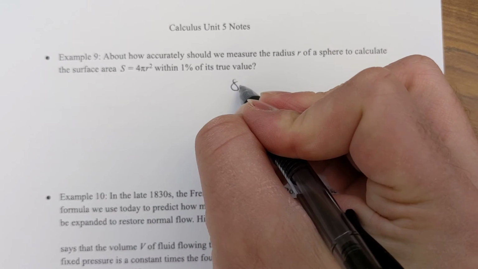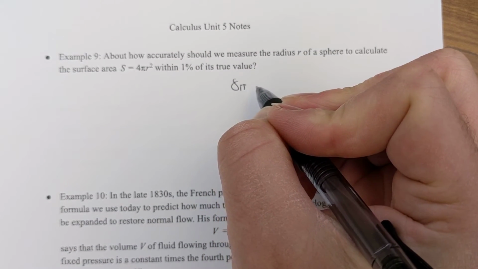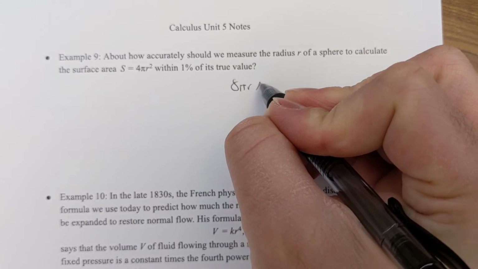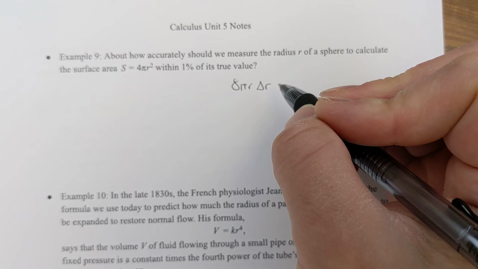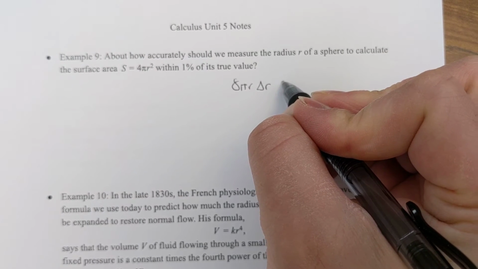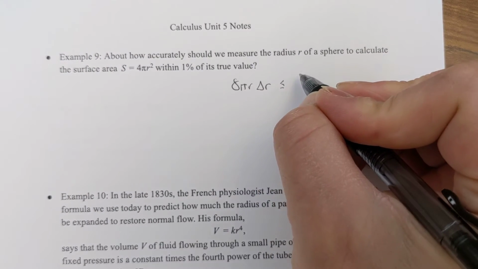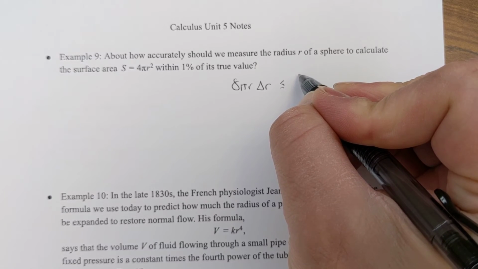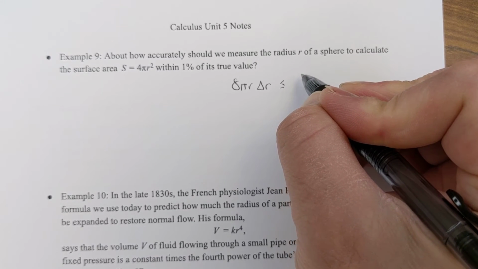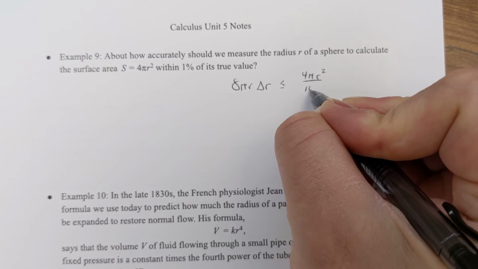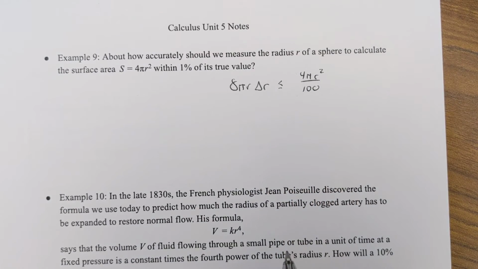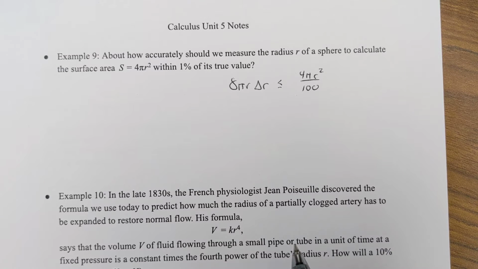So we want 8 pi r delta r, so that's our error, to be less than or equal to 1%. So the actual value would be 4 pi r squared. So that'd be 1% of the actual value.